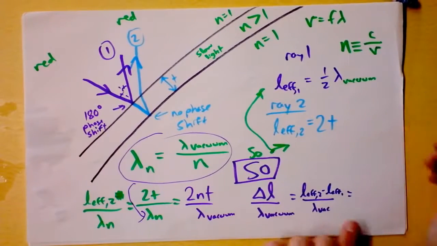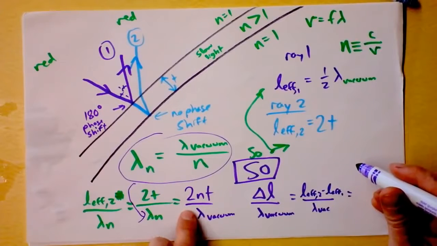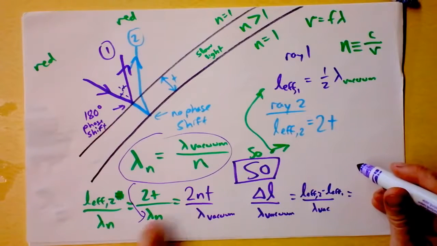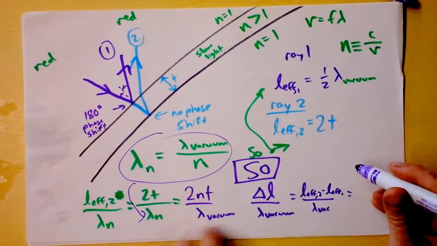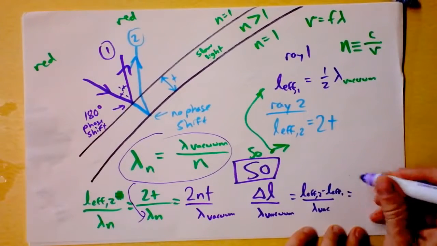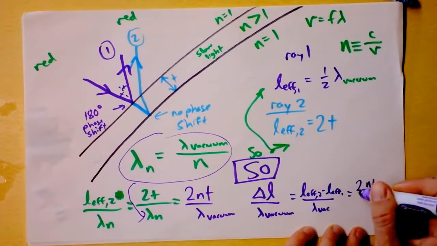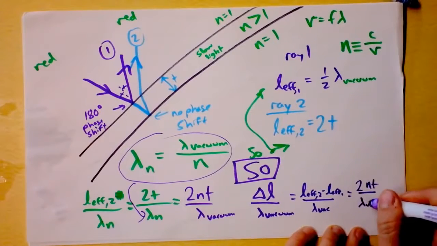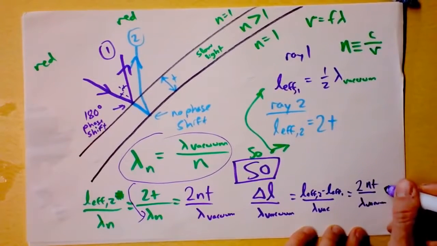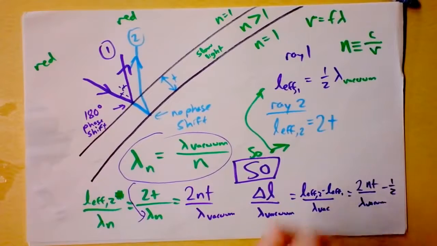L effective 2, that's this stuff, divided by the lambda in a vacuum. Oh, it's already there. Okay, great. So this is 2 times n times t divided by lambda vacuum, and then I have to subtract a half.